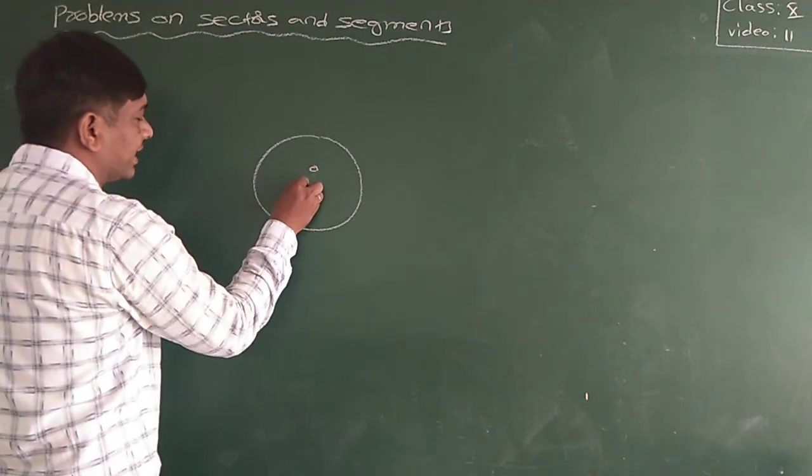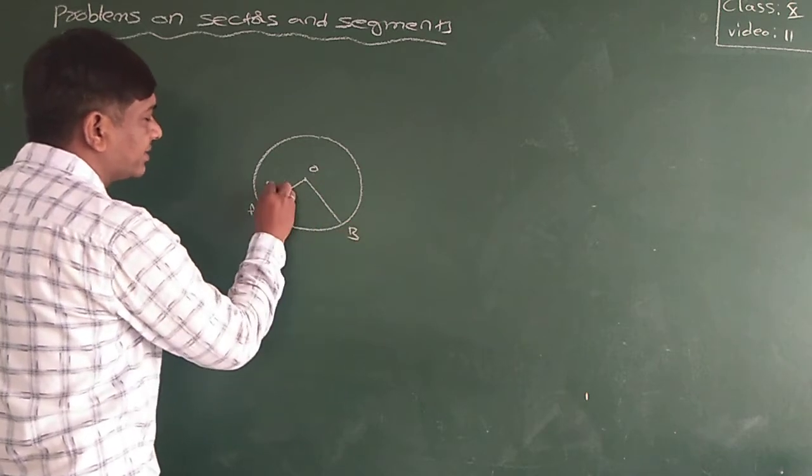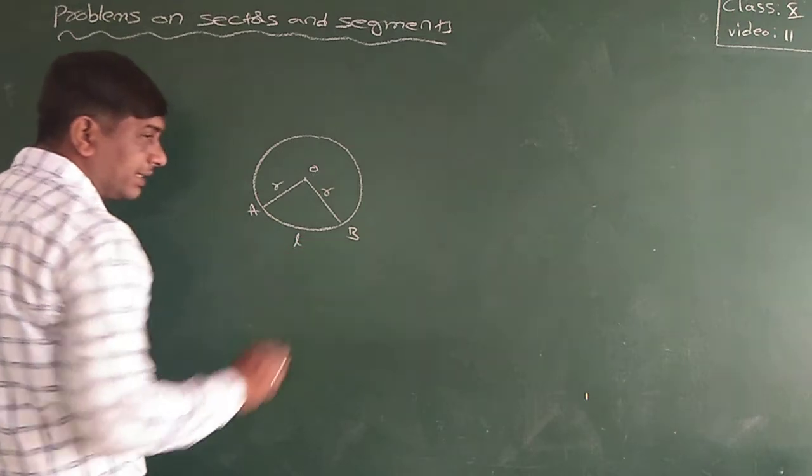O is the center of the circle. OA and OB are the radii, and AB is an arc length.